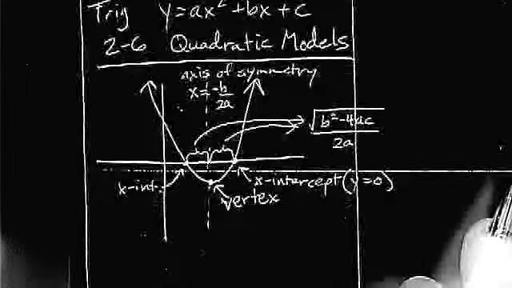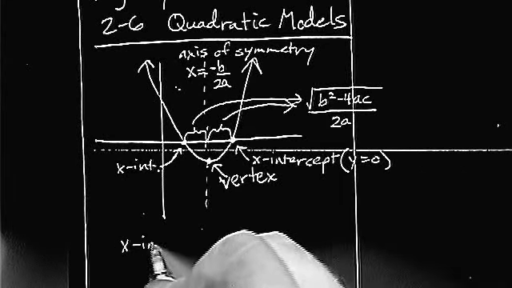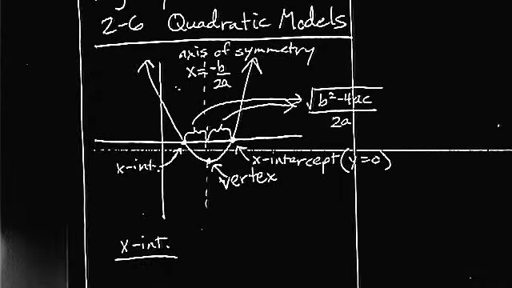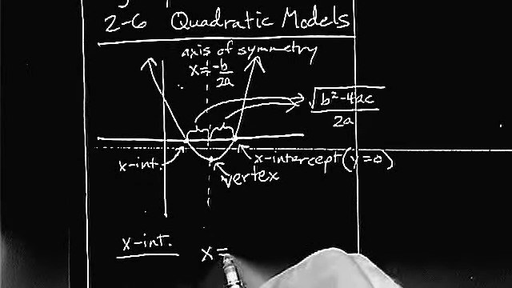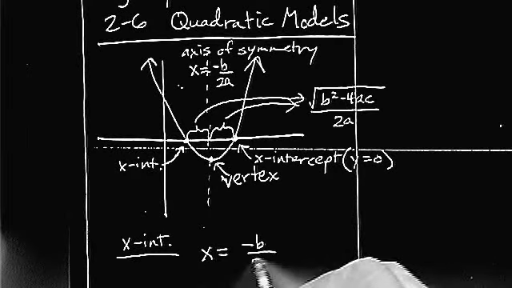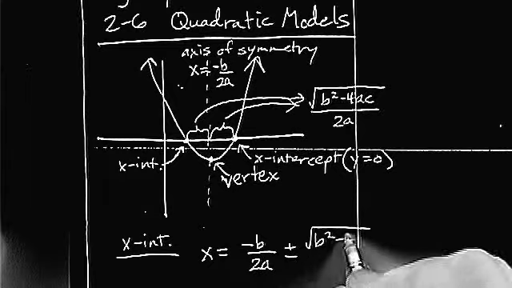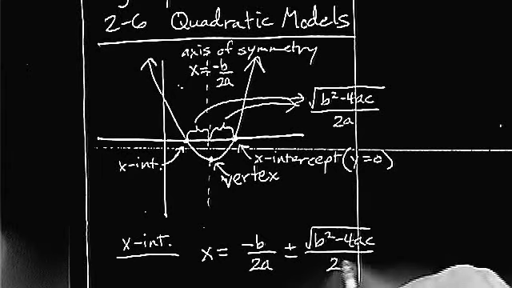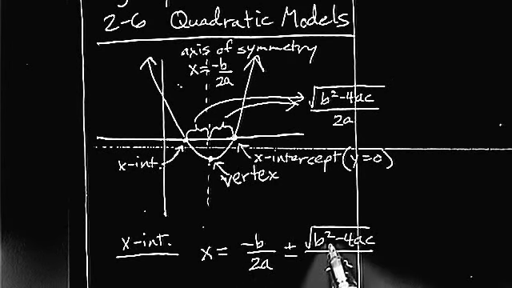I hope that you're starting to get the picture that if you want an x-intercept from a parabolic equation, you can use this, the opposite of b over 2a, plus and minus square root of b squared minus 4ac all over 2a. That's the middle, and you add it to find the one on the right, and you subtract it to find the one on the left.